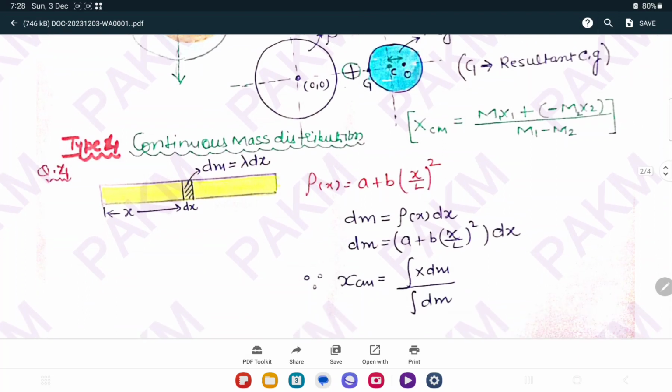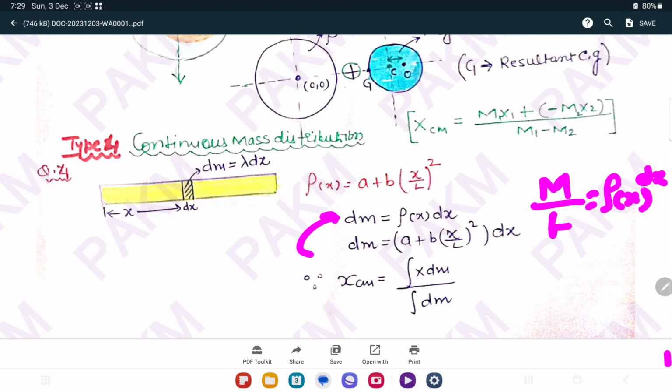For dm, basically dm is equal to rho, the density they have given, multiplied by dx. Since density is mass per unit length, that is rho x which is already given, we have to multiply by dx to get the complete mass.